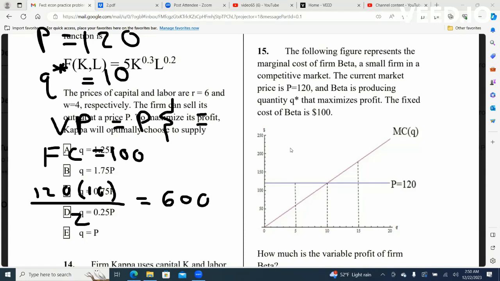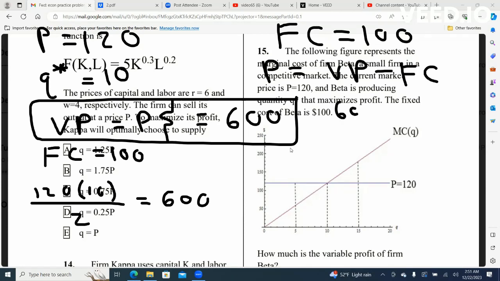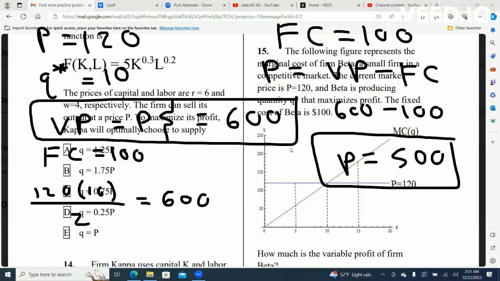So the variable profit equals the producer surplus, which is 600. Furthermore, the fixed cost equals 100, so the total profit equals the variable profit minus the fixed cost, 600 minus 100. Therefore, the profit equals 500.